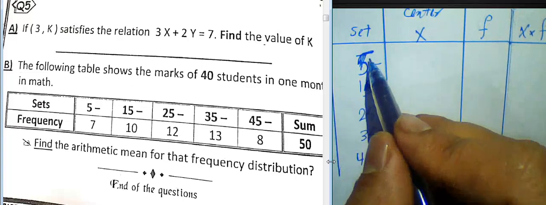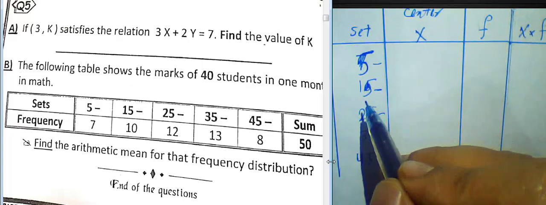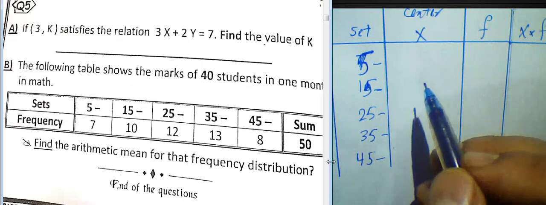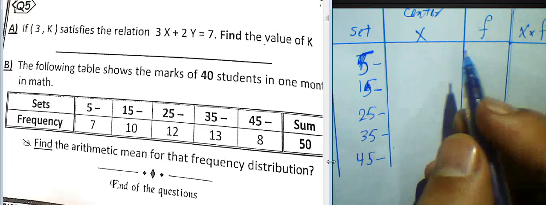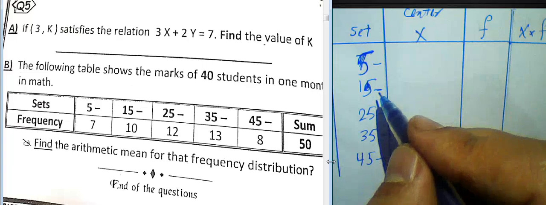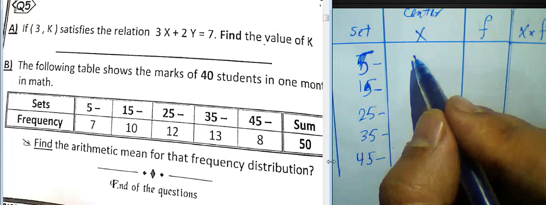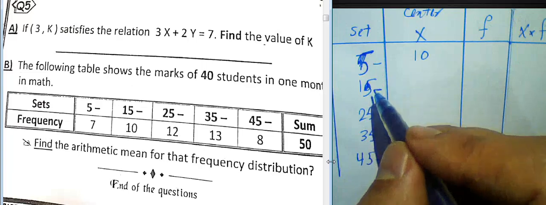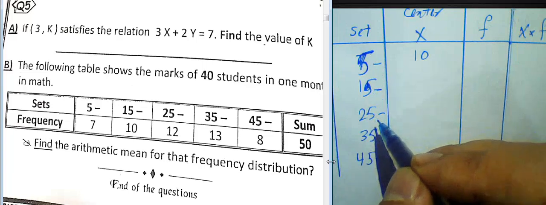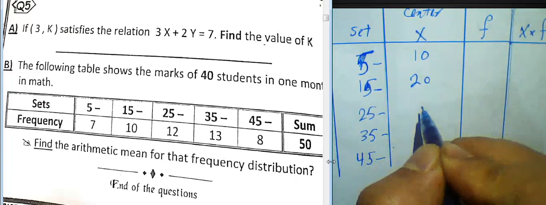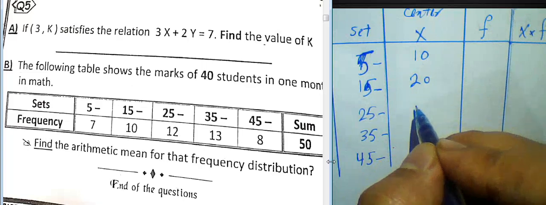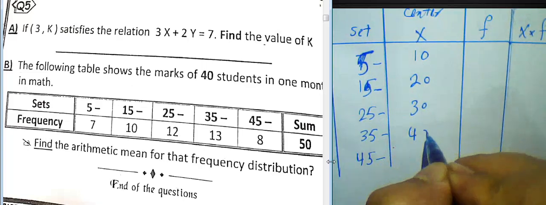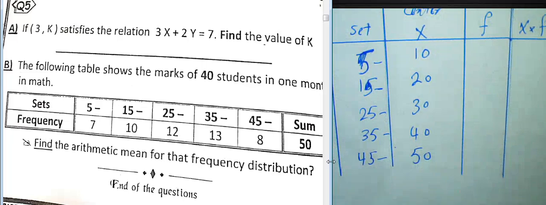The center between 5 and 15: we know the center equals the lower limit plus the upper limit, divided by 2. 5 plus 15 equals 20, divided by 2 equals 10. 5 plus 10 is 15, 15 plus 10 is 25, and so we add 10 each time. 10 plus 10 is 20, 20 plus 10 is 30, then 40 and 50.